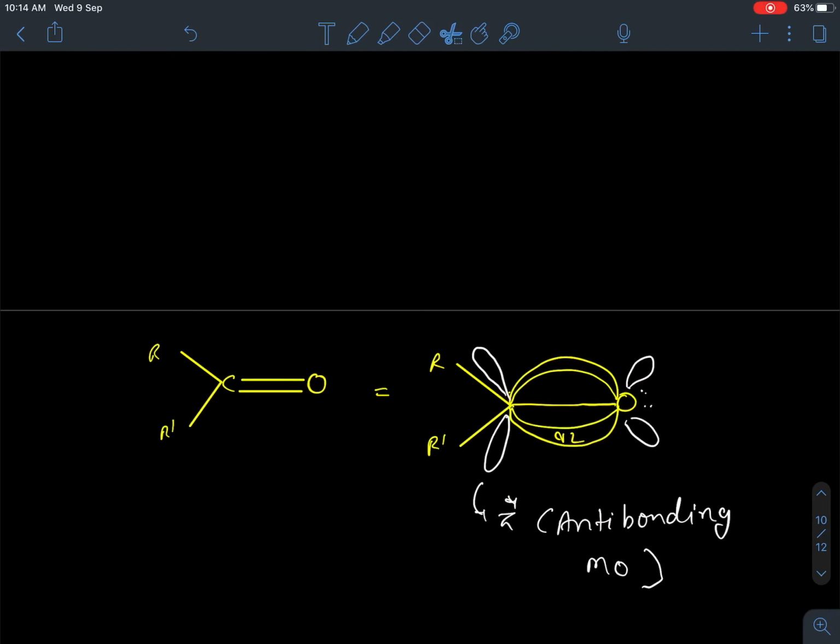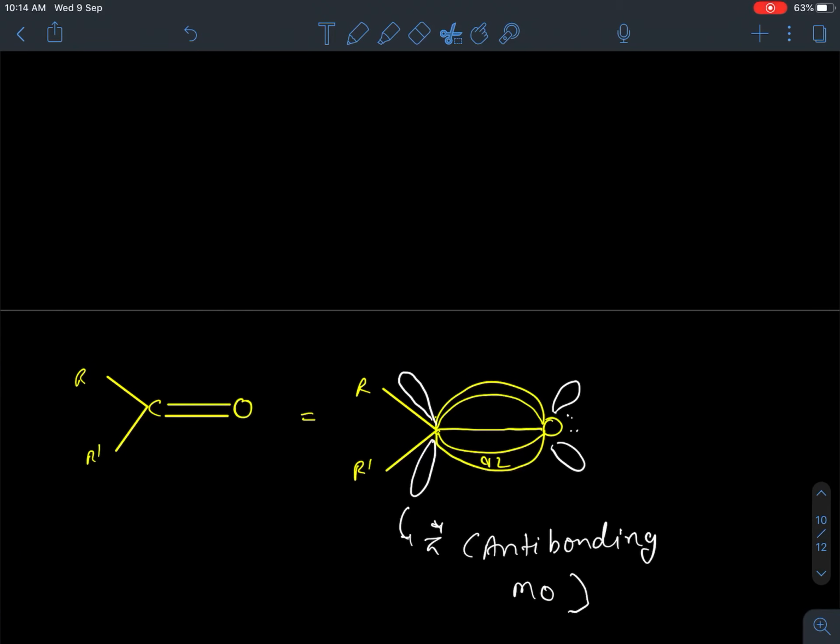So it is very important to understand the inclination of this pi star, which from this bond is somewhere close to 107 degrees.